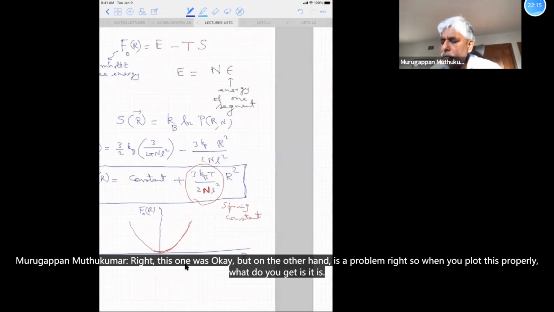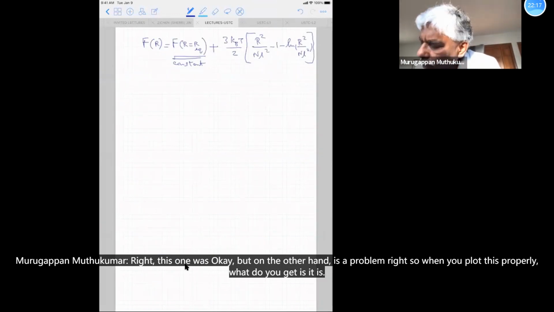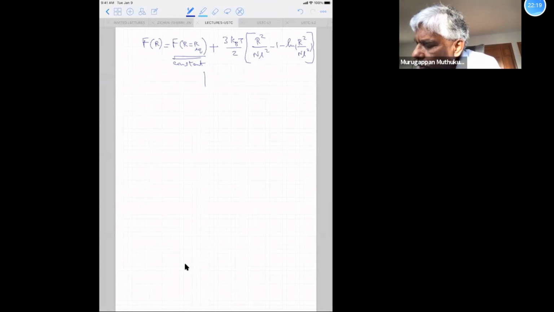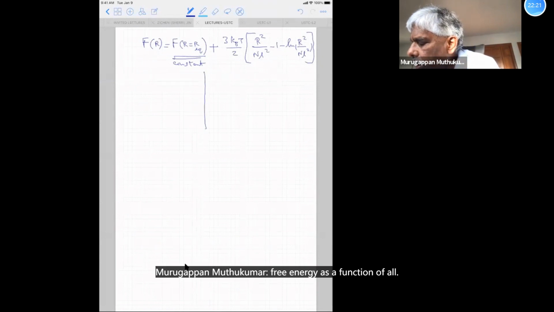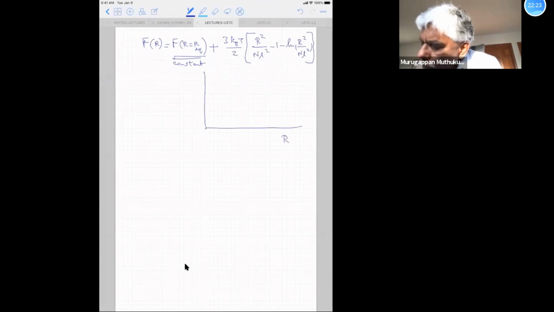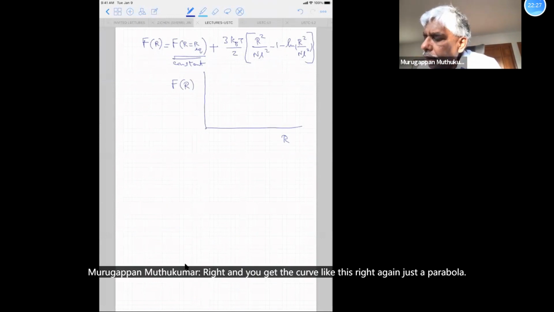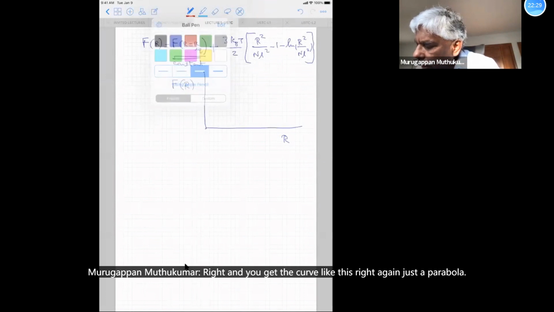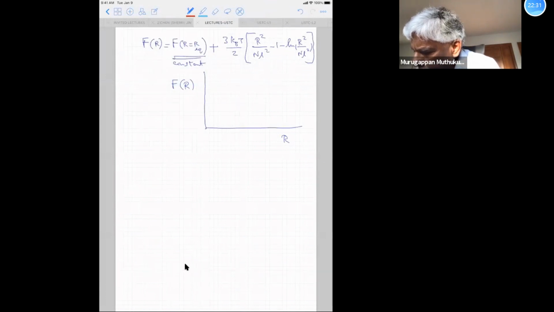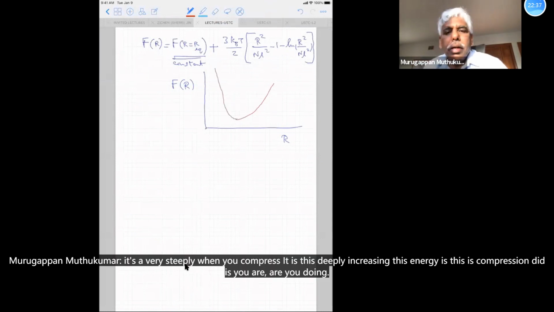So when you plot this properly, what you get is free energy as a function of R, and you get a curve like this. Again, just a parabola like this, but it's very steeply increasing when you compress it.